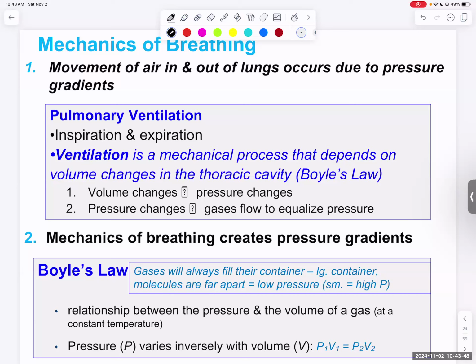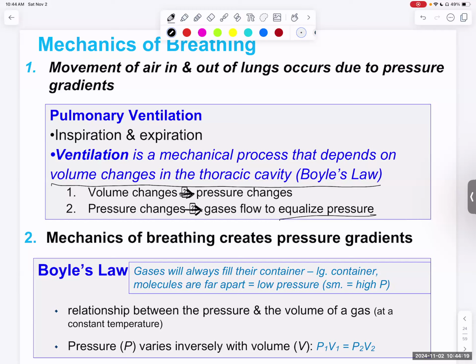And remember, the lungs move with the ribs because of that intrapleural pressure being less than atmosphere. So as the volume changes, the pressure is going to change. And as the pressure changes, gas is going to flow until they're in equilibrium. And so Boyle's law is explaining that volume changes can manipulate pressure changes.